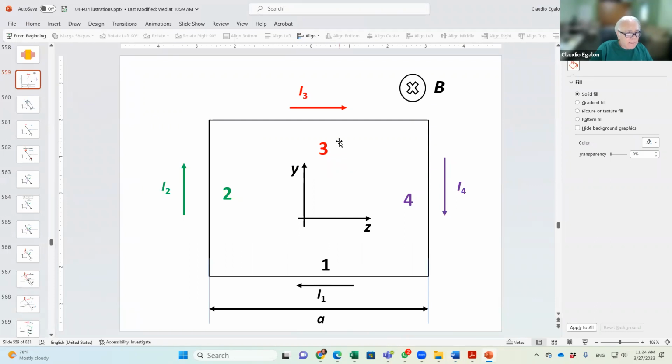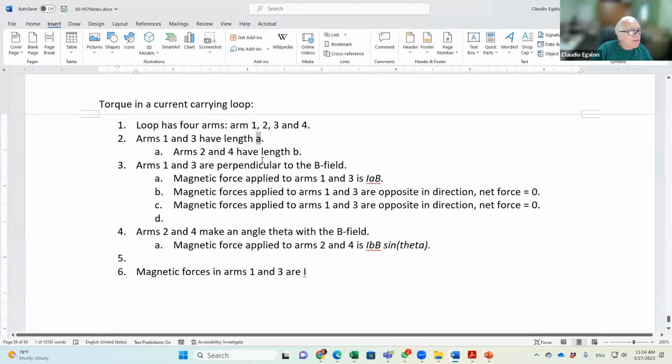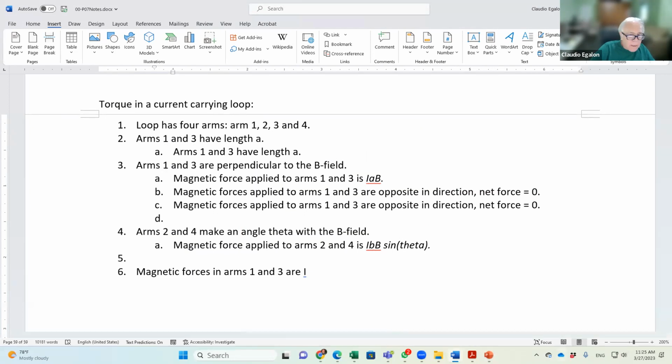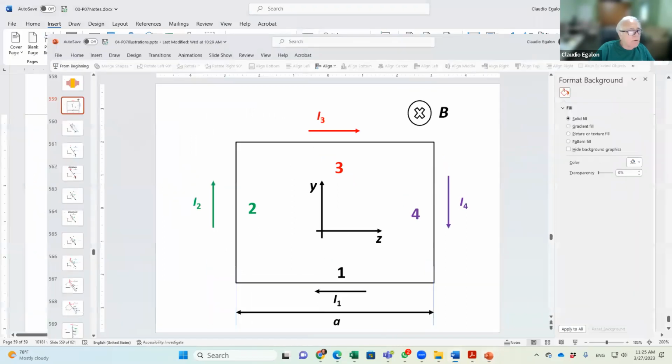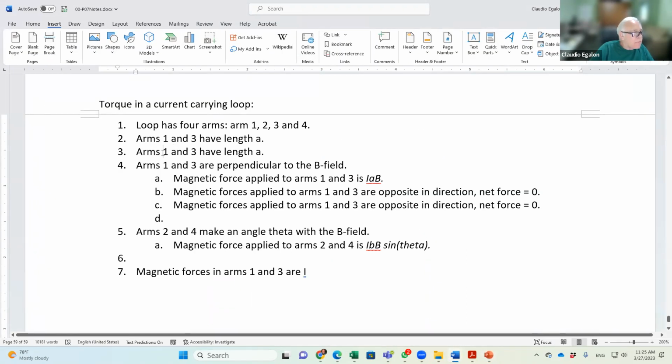Okay, arms 1 and 3 have length A. Let's fix that. Yeah, arms 1 and 3, length A. Good. Arms 2 and 4 have length B. Okay.